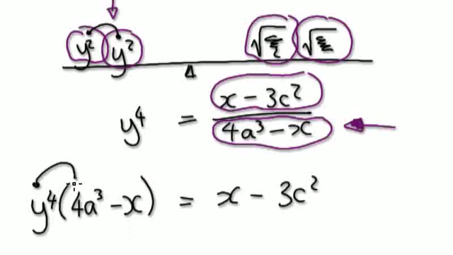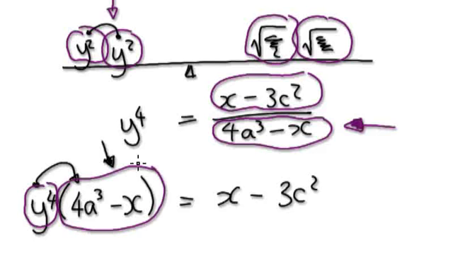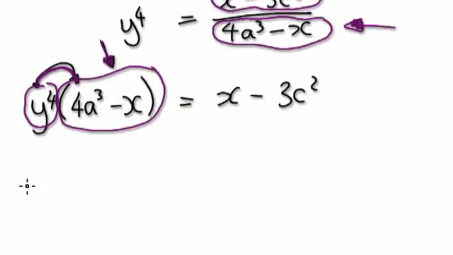Now let's break this up, because we're trying to make x the subject, but x is stuck in this big bubble. At the moment you've got a bubble multiplying this bubble, but x is stuck in this big bubble. Let's multiply out the whole thing just to break up the bubble.